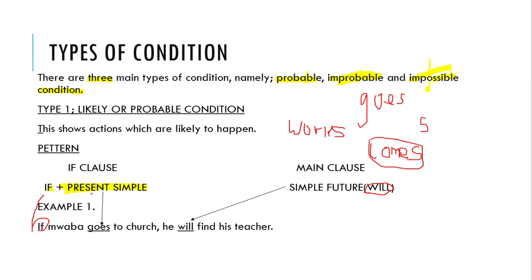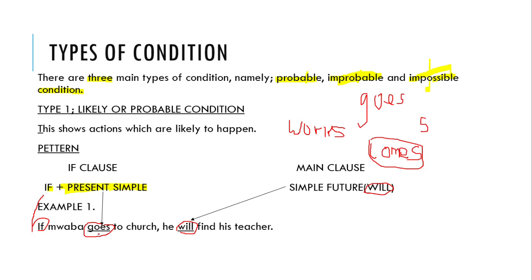Goes. So the goes is the present simple. What will happen if this person goes to church? He will. The will is the simple future. He will find his teacher.